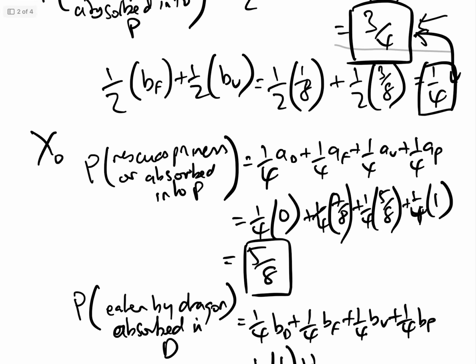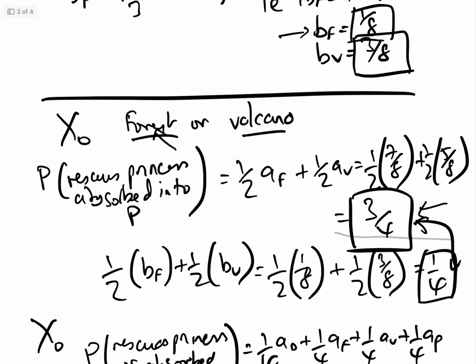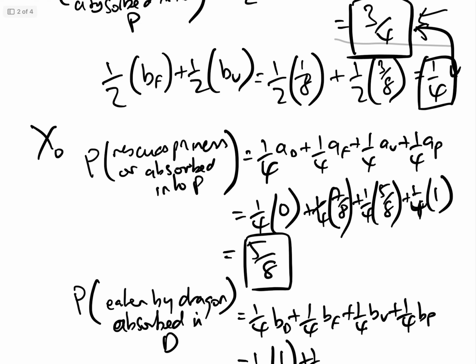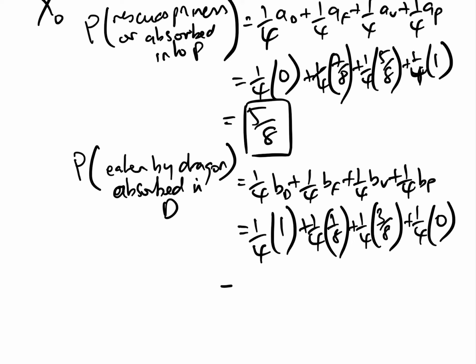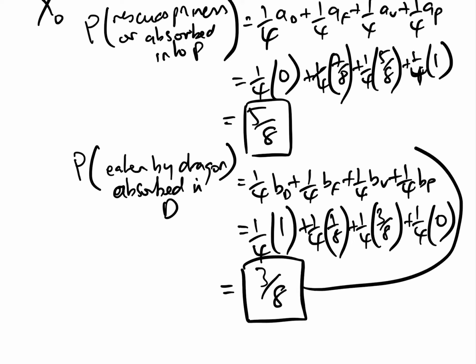Add a quarter times, what were the BF and BV, where are they? Oh yeah, 1/8 and 3/8. So that's a quarter times 1/8, add a quarter times 3/8, add a quarter times 0, because he's already rescued the princess, BP, and that equals 3/8, which again, they must add up to 1. He will either get absorbed into P or D, one or the other eventually, so that basically works.